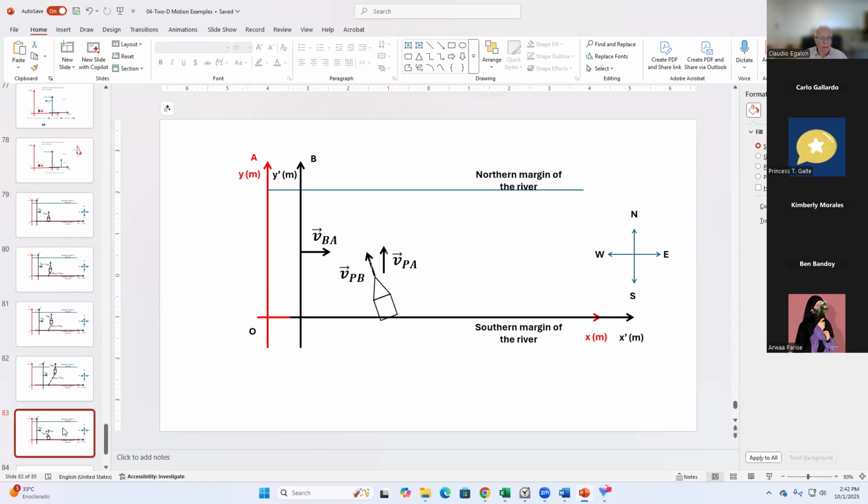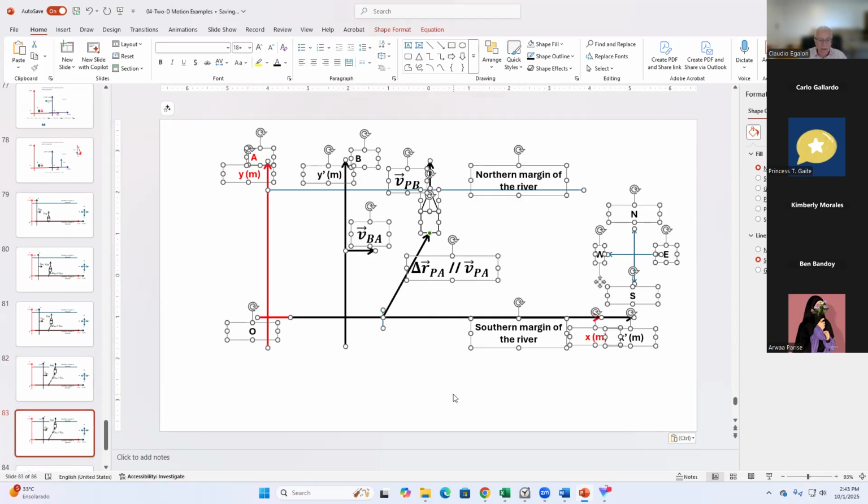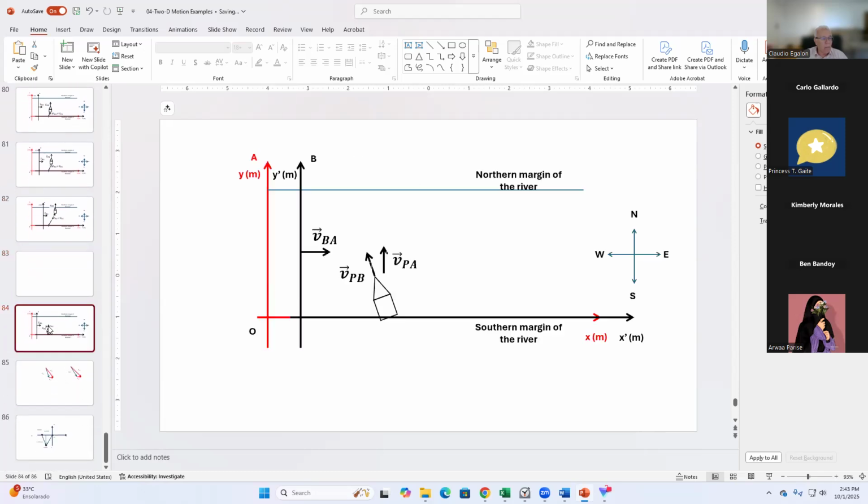So when you point the boat in the proper direction, what's going to happen? I'm going to add a blank slide here so you know it's a different example.